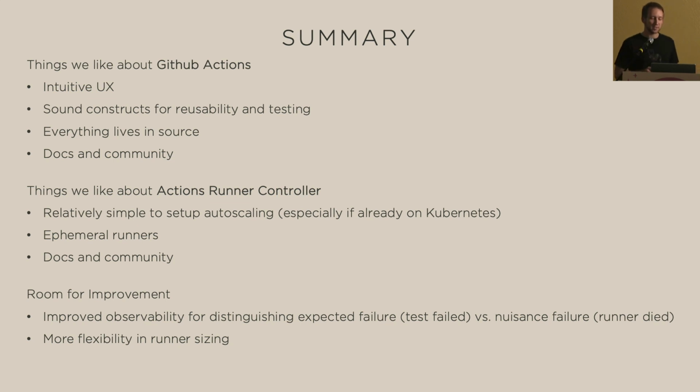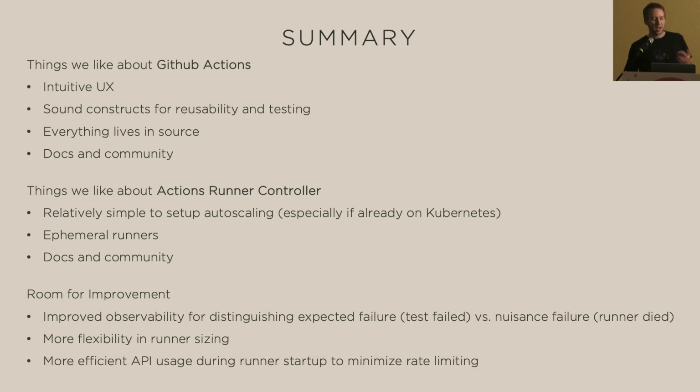It would also be great to see some more flexibility in runner sizing. So right now you have to deploy a separate runner deployment for each size of runner that you want. It would be cool if the workflow could determine that dynamically. And it would be great if the runner software made more efficient usage of the API, especially during startup, to minimize the impact of rate limiting.